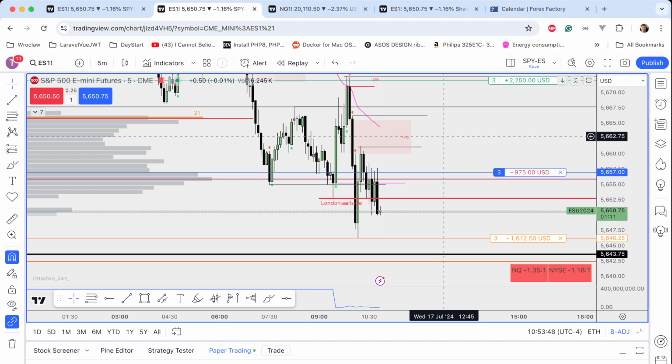They lured me for a second. London sell side taken. Stop loss is busted. Everything is looking good for a push higher, but the market is not doing it.